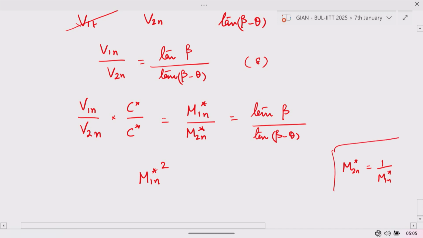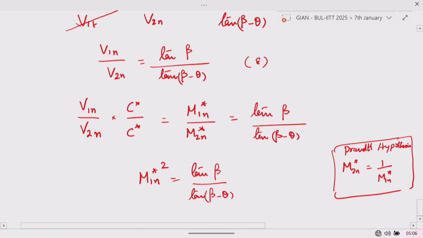This is from the Prandtl hypothesis. So this equation becomes M1n star square is equal to tan beta by tan beta minus theta.